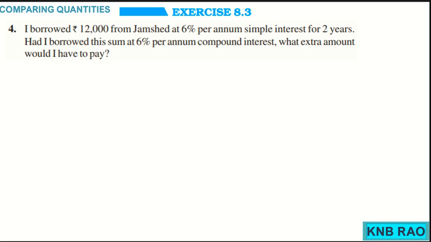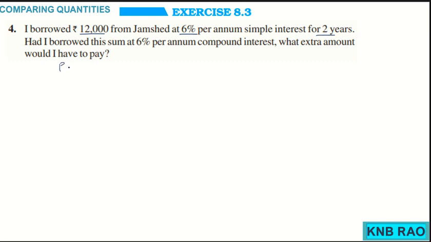Had I borrowed this sum at 6% per annum compound interest, what extra would I have to pay? So, here a simple comparison between simple interest and compound interest is to be done for the same principal, for the same rate of interest, for the same time period.